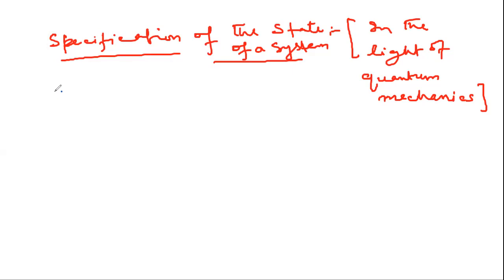That is a way of specifying state also. But in quantum mechanics, the things are different. We have a different notion of specifying the state of the system. I want to clear that so that we can move forward in our course.